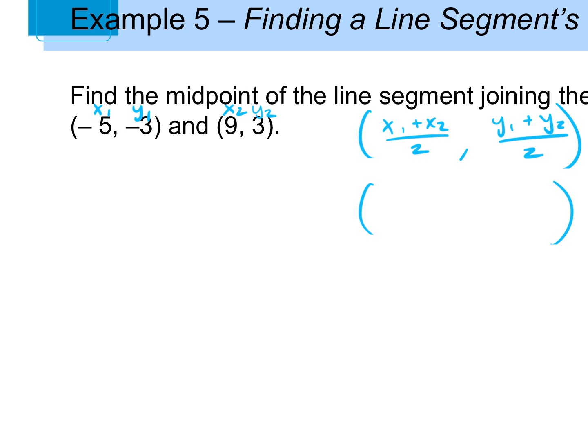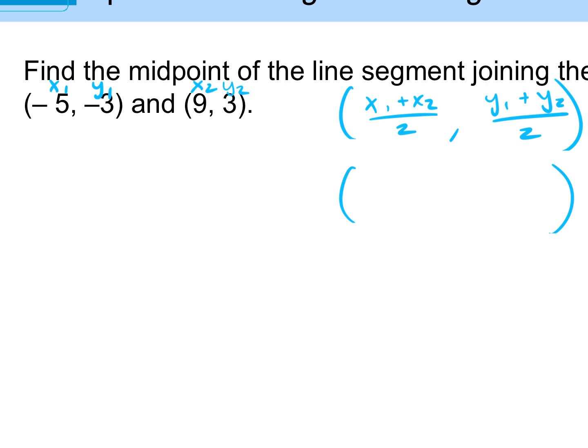You don't have to label them, but I think it's easier once you label what's what, just to plug it in once you have your formula. It allows for fewer mistakes. So x1 plus x2 would be negative 5 plus 9 over 2.